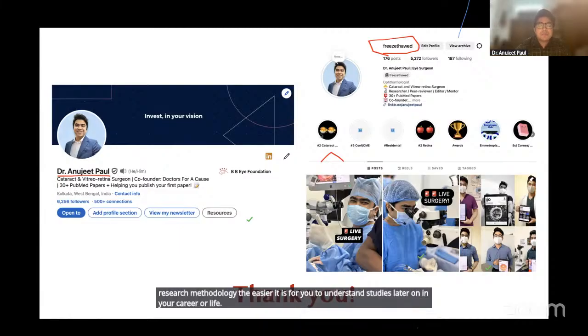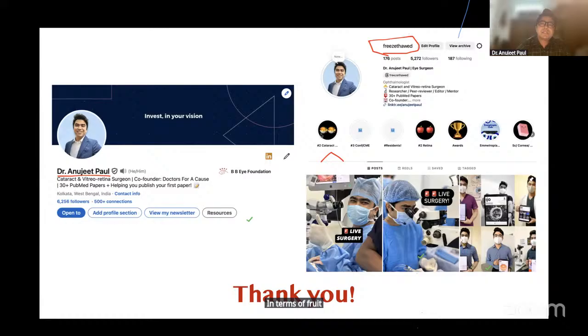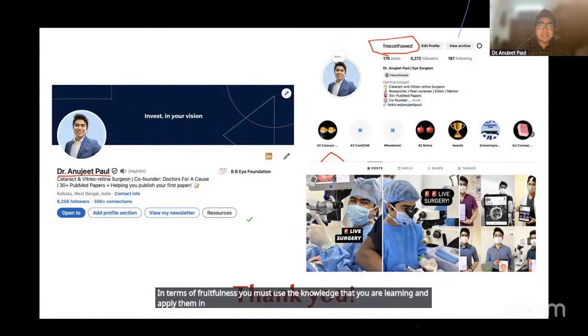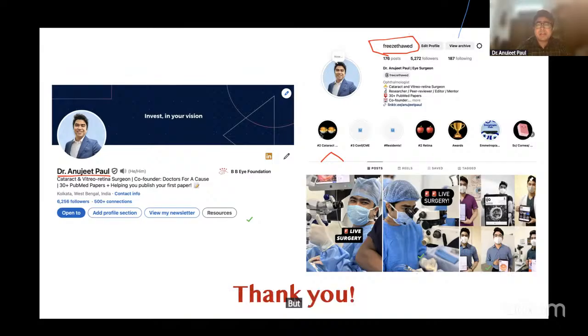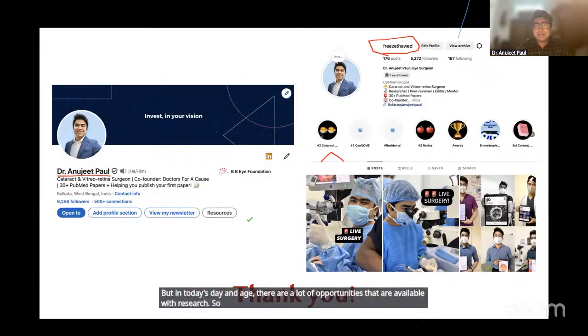In terms of fruitfulness, you must use the knowledge that you are learning and apply it in the subsequent years, or else it is not fruitful. But in today's day and age, there are a lot of opportunities that are available with research. So my short answer would be yes. My long answer would be have some goal for yourself to make it fruitful.